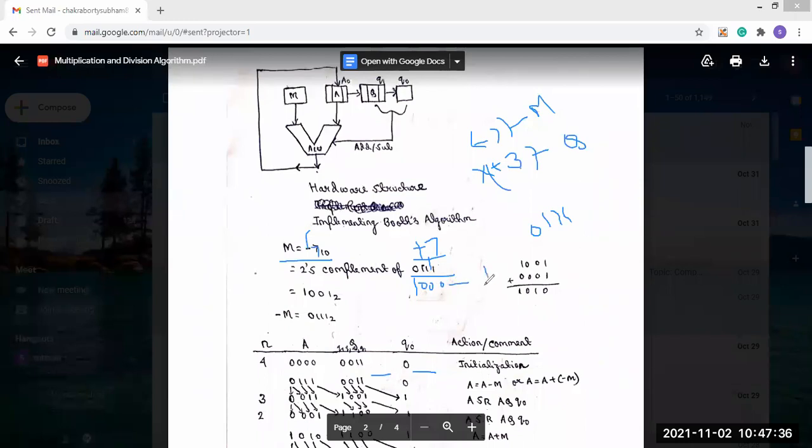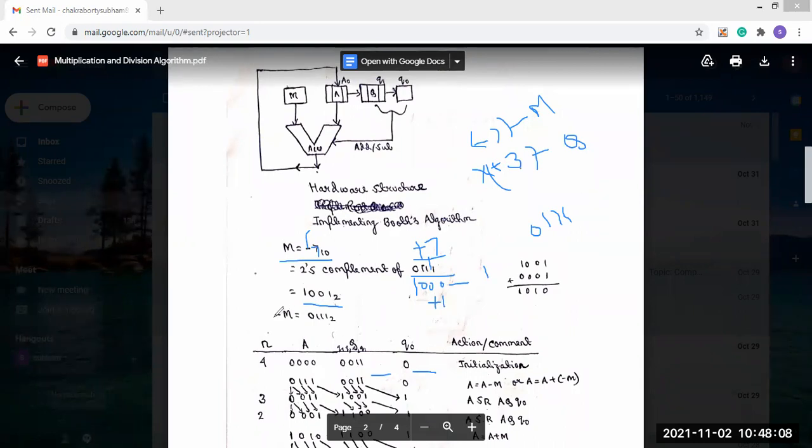This is the 1's complement. For the 2's complement, we add 1 here. So the value is 1 0 0 1. This is the representation of minus 7, the binary value of my minus 7.